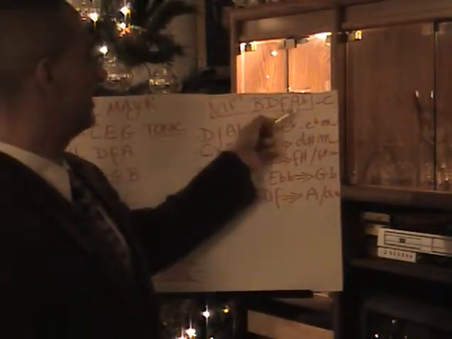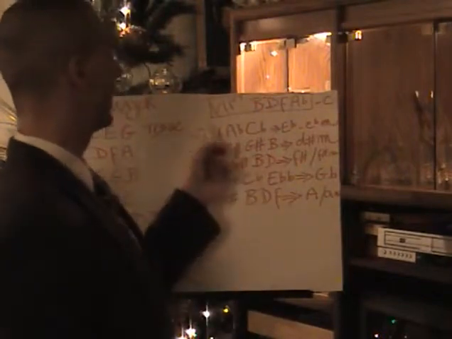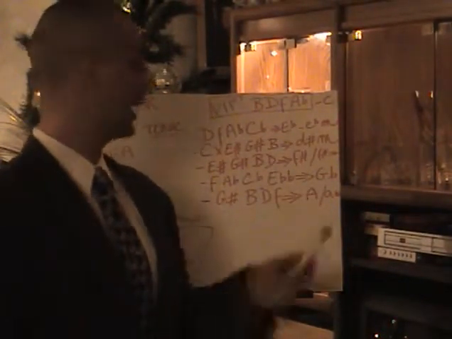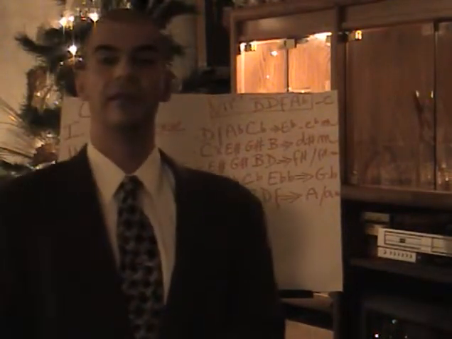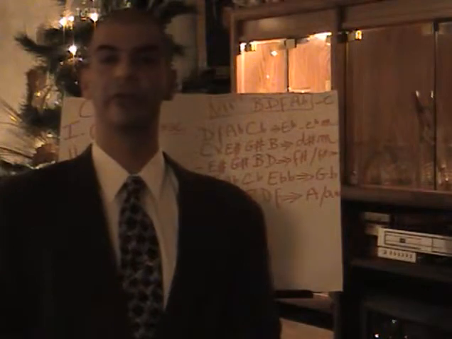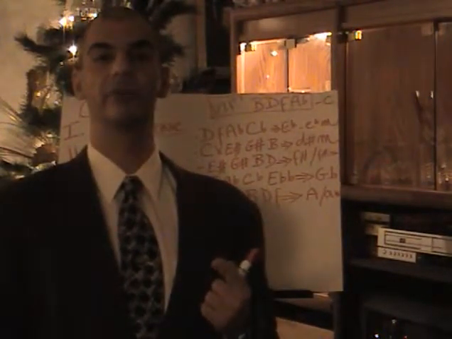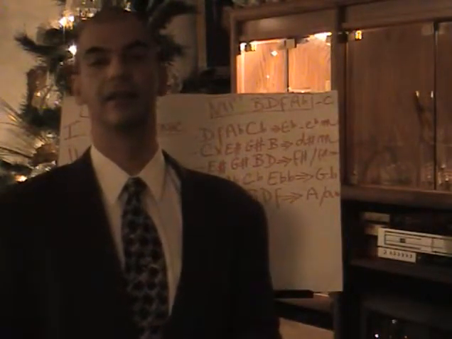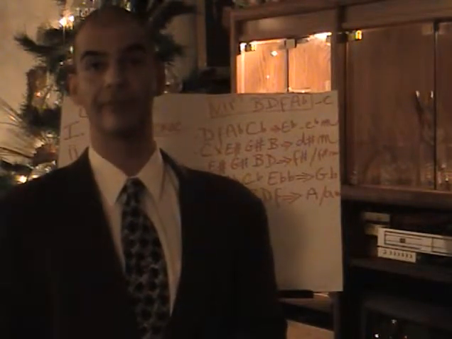A secondary leading tone of the key of C could move to a primary or secondary leading tone of any other key. That's what makes the diminished 7th chord the most versatile chord, because using one single chord, it is possible to modulate from any key to any other key. And that is the only chord that provides us with such opportunity.